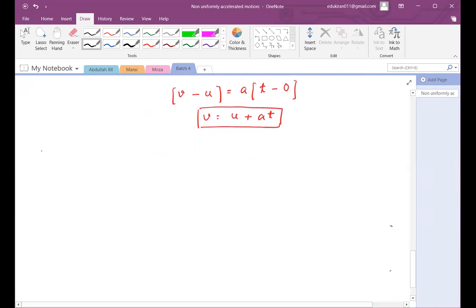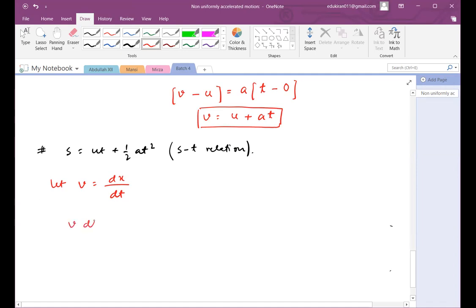Now, the second equation is s is equal to ut plus half at square. This is termed the displacement-time relation. Displacement and time will define velocity. So let's say velocity is equal to dx over dt. Now you have to calculate dx. Move this dt to the other side.